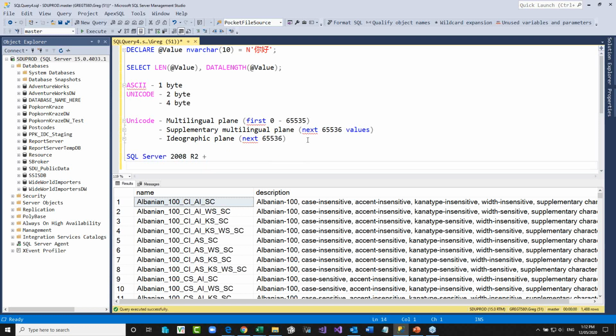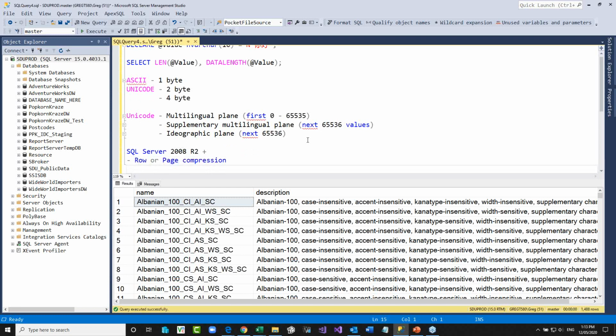In particular, if you're using row or page compression at the table level, and you look at a row compressed page, you'll find that your nvarchar characters, if they're just ASCII characters, just look like ASCII characters again. They're not padded out and stored as 2 bytes. I think in 2008, table compression was the best thing in the product.